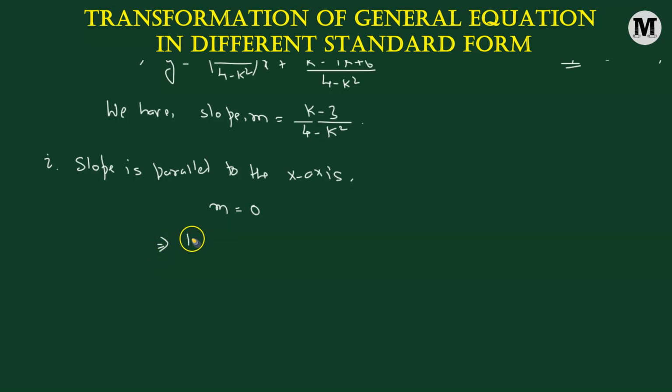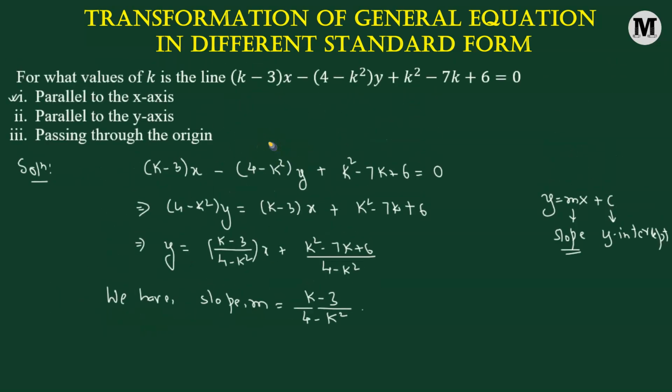In other words, (k − 3) divided by (4 − k²) equals 0. So cross multiplying and solving for k, we get k = 3. So when the line is parallel to the x-axis, the value of k comes out to be 3.